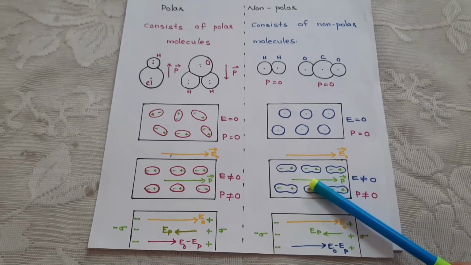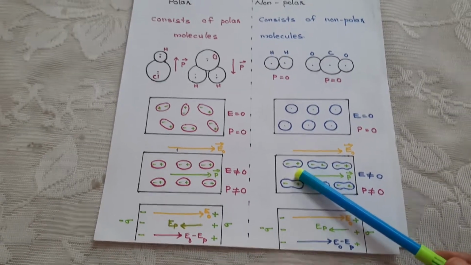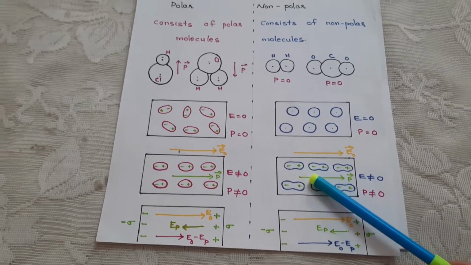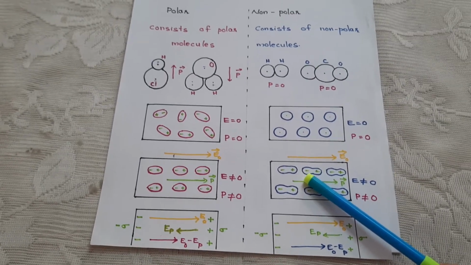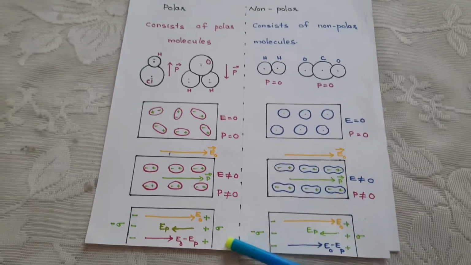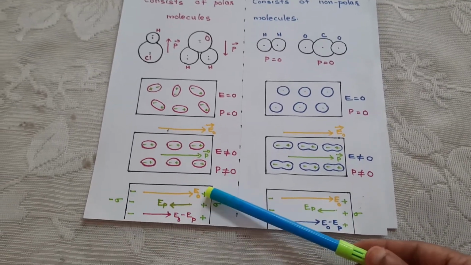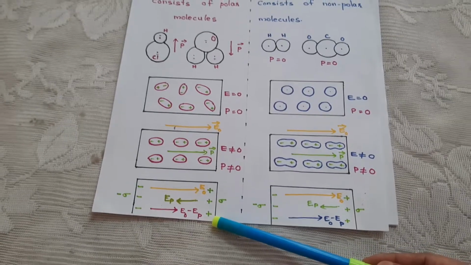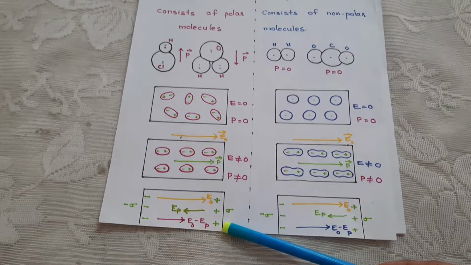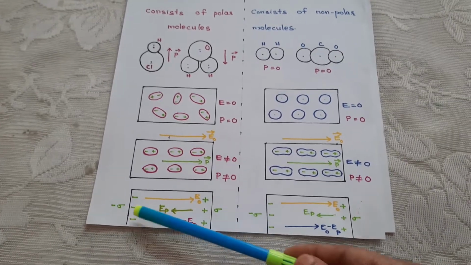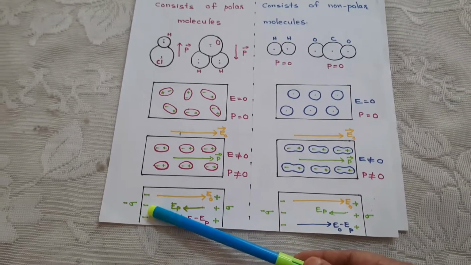But inside the dielectric, the net charge is zero, as the positive charge of one dipole lies close to the negative charge of a nearby dipole. But on the surfaces normal to the electric field, there is a charge density, a positive surface charge density on one surface and a negative surface charge density on the other surface.